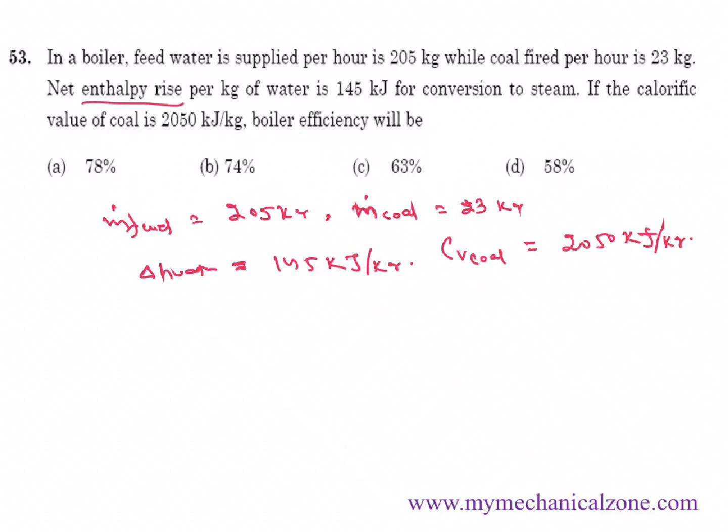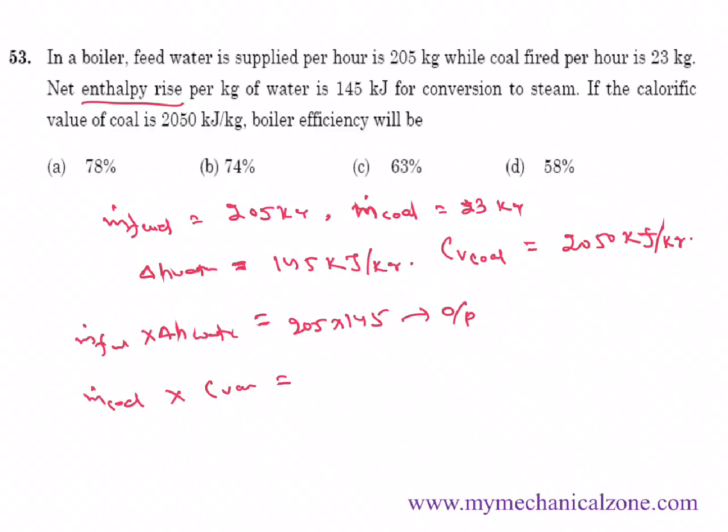So output we will calculate: mass of feed water into enthalpy of water, this is your output. Input is mass of coal into CV of coal into 23.